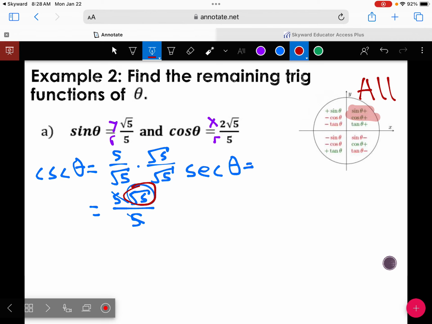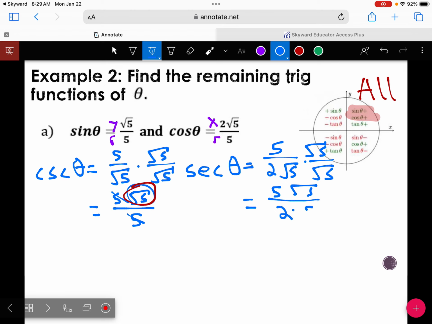Good. So then for secant, it's a very, very similar process. We just flip cosine because they're sister functions. So then we get 5 over 2 root 5. We multiply the top and bottom by root 5. And that's going to give us 5 root 5 over 2 times 5.